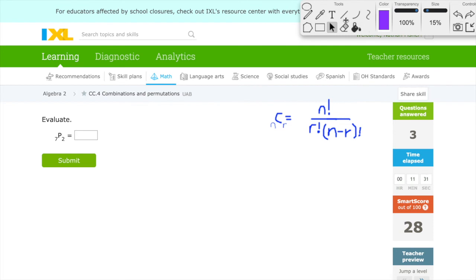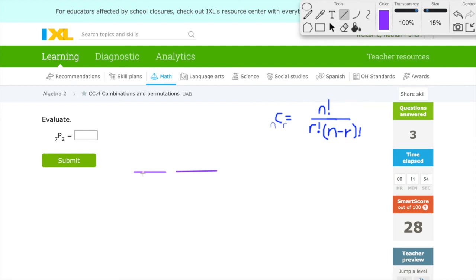Okay. For permutations, like I said, we can use something similar to the counting principle. There's 2 spaces. So let's say they're letting 2 people into the movie theater, but there's 7 people that want in.